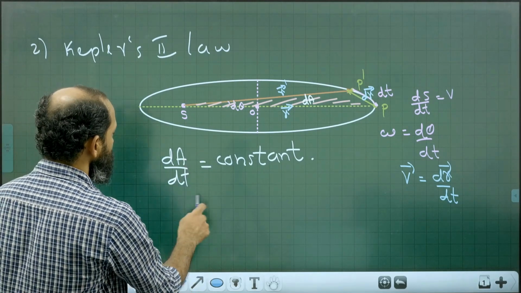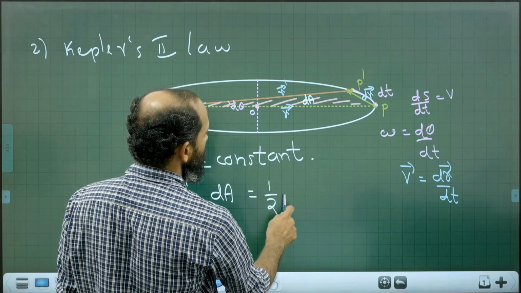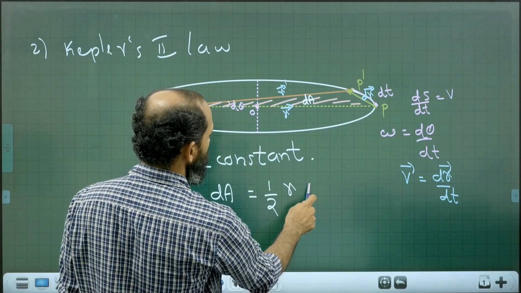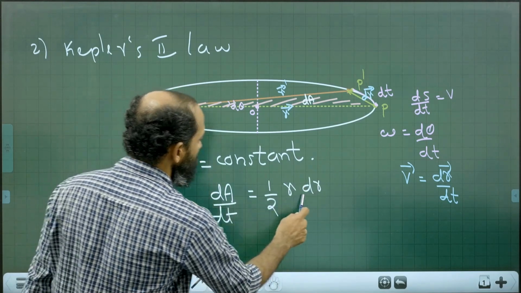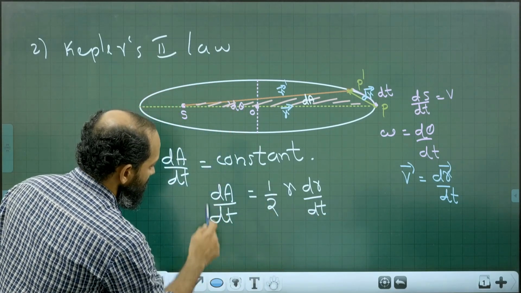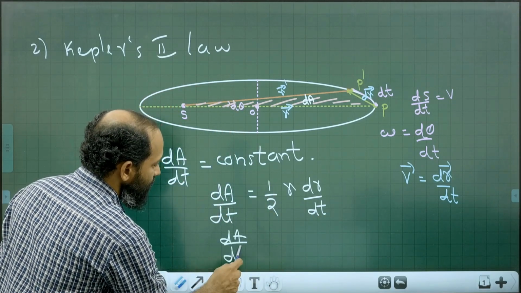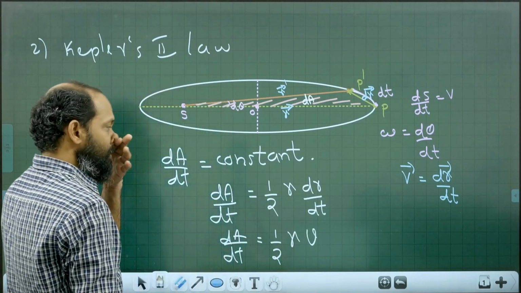That area described can be written as dA equal to half into base into height. So dA by dt can be written as half into r into dr by dt. That is, dA by dt is equal to half into r into the instantaneous velocity.